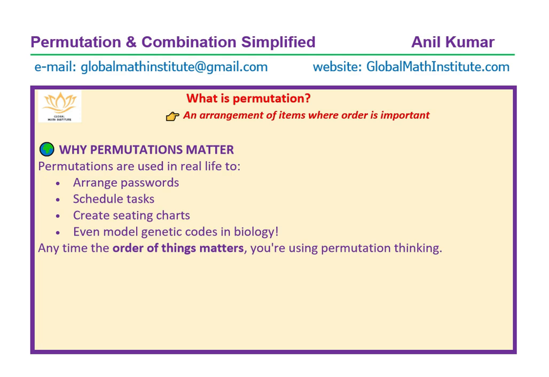So these are all arrangements. Permutation can help you figure out how many ways it can be done. Schedule a task, which after what. Create seating charts, even model genetic codes in biology. So anytime the order of things matters, you are using permutation. And that's what the thinking should be.